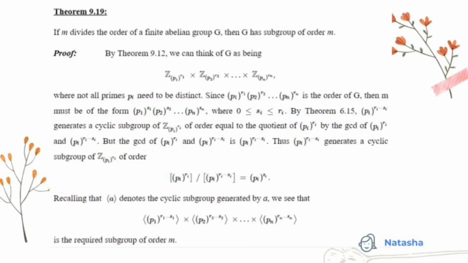Thus, pi^(ri − si) generates a cyclic subgroup of Z_{pi^ri} of order pi^ri divided by pi^(ri − si), equal to pi^si. Recalling that ⟨a⟩ denotes the cyclic subgroup generated by a, we see that ⟨p1^(r1 − s1)⟩ × ⟨p2^(r2 − s2)⟩ × ... × ⟨pn^(rn − sn)⟩ is the required subgroup of order M.